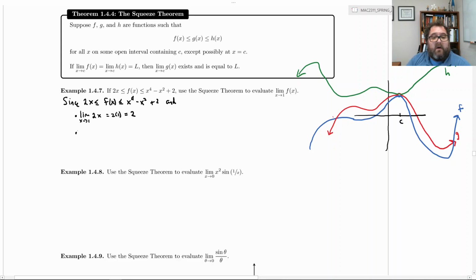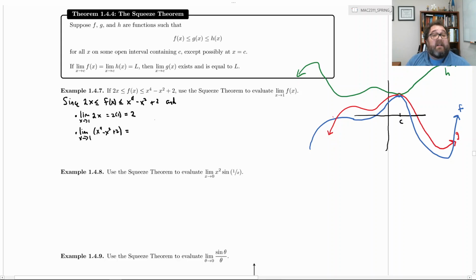Now, what about the limit as x approaches 1 of the other function? This needs parentheses because it's a polynomial. x to the fourth minus x squared plus 2.